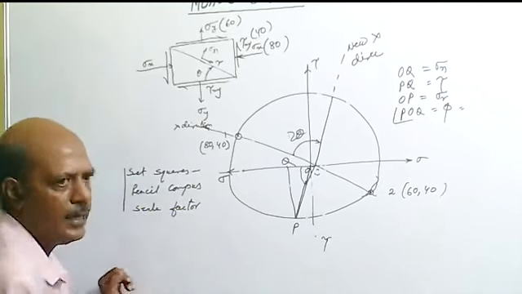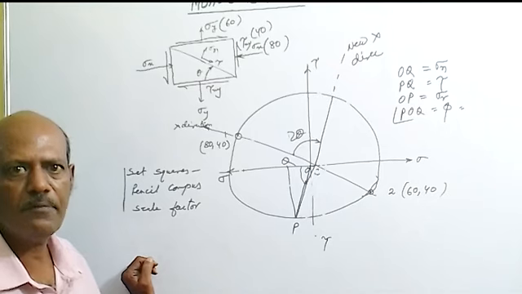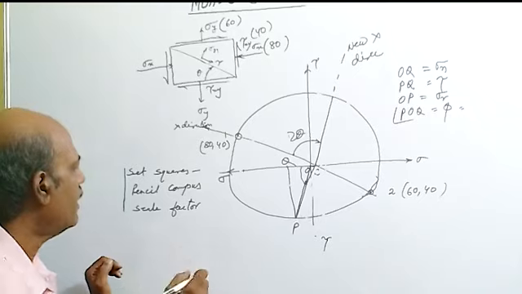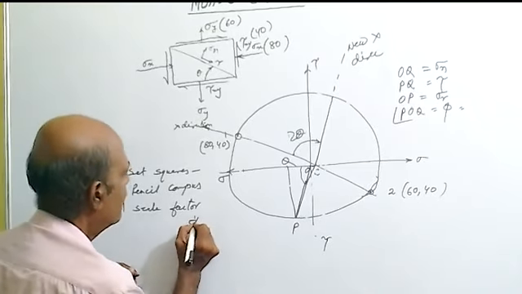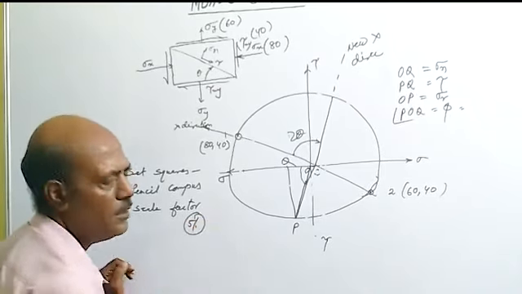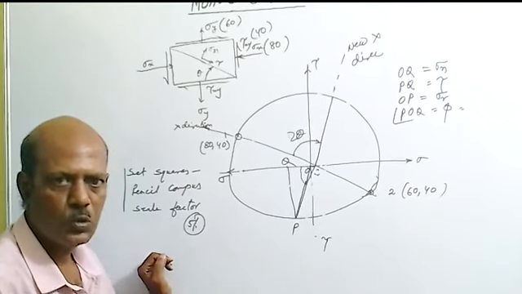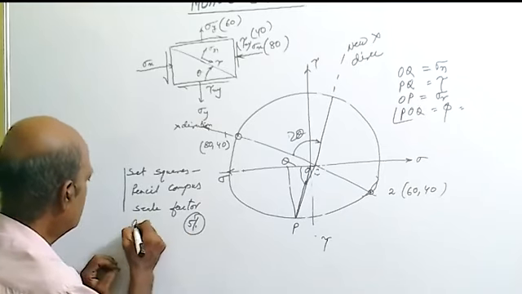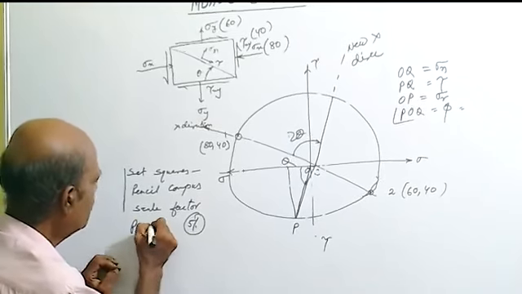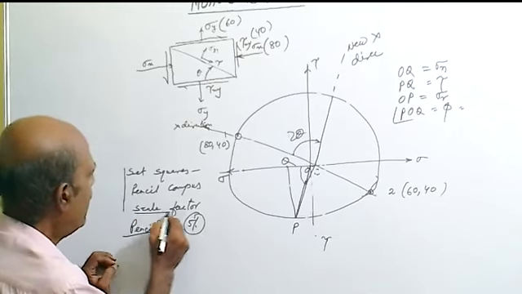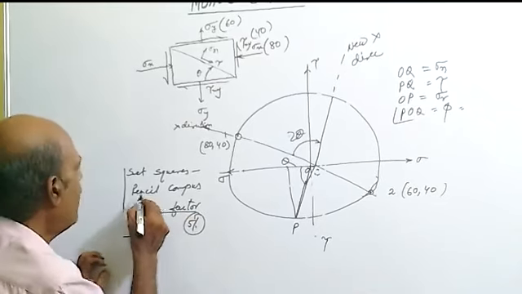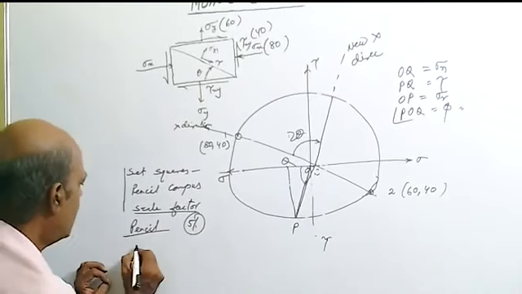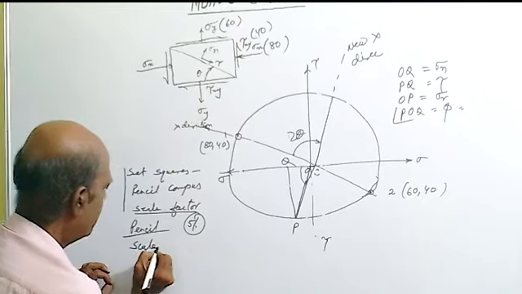The result obtained by the analytical method may not exactly match, it may vary by 5%, which is acceptable. So to get the accuracy of this result, your pencil should be sharp, and you have to follow the scale factor, and use pencil compass and set square, as well as a scale for measuring the distance.